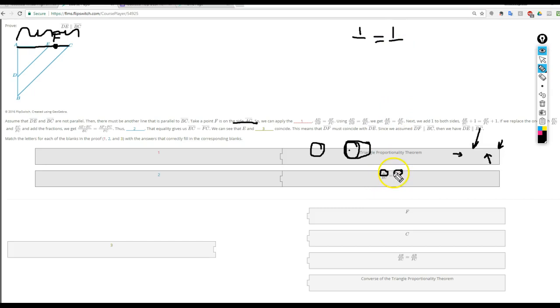Now EC, whatever this denominator right here is, has to make this true. So if this is a 2, I can't put a 4 here. FC couldn't be 4 because 1/2 does not equal 1/4. So it has to be 2. So 1/2 equals 1/2. That means that EC right here has to equal FC.